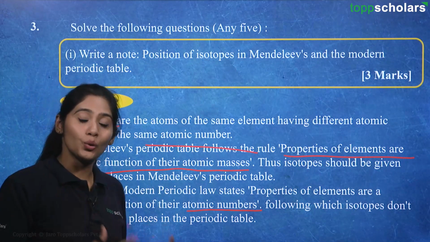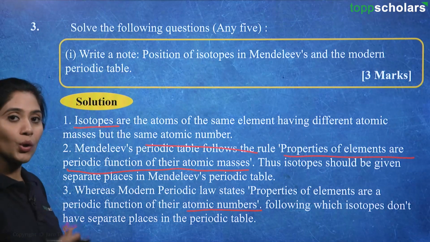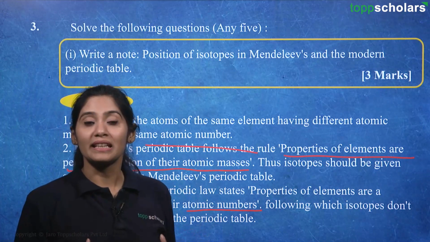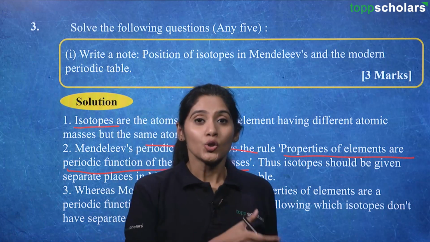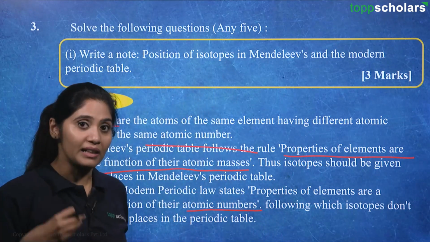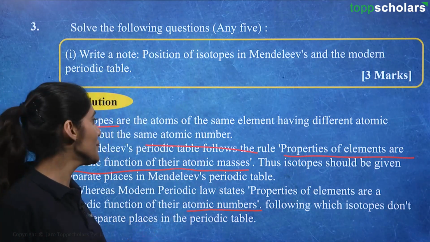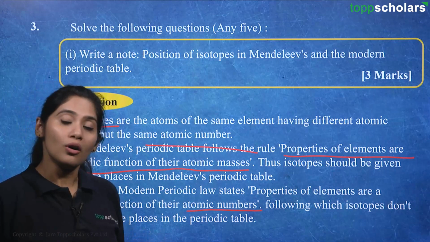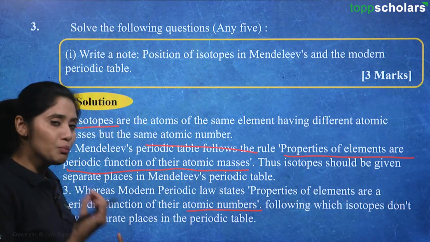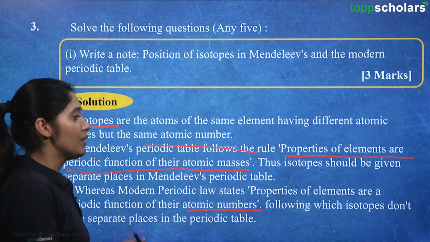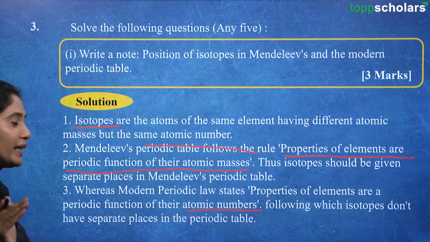Carbon would have so many isotopes, and it would occupy so many places in the periodic table if we had followed Mendeleev's periodic law only, right? Since the modern periodic table gives more value to the atomic number, we don't have isotopes in separate places in the periodic table.